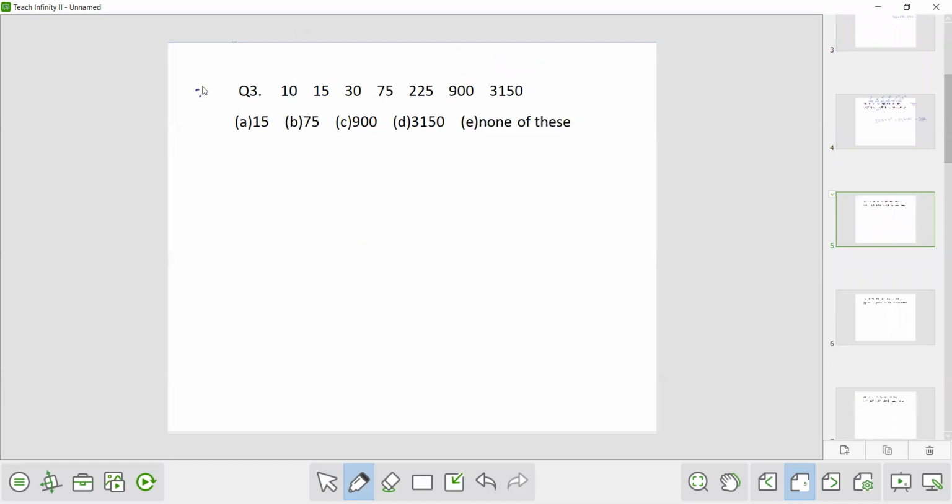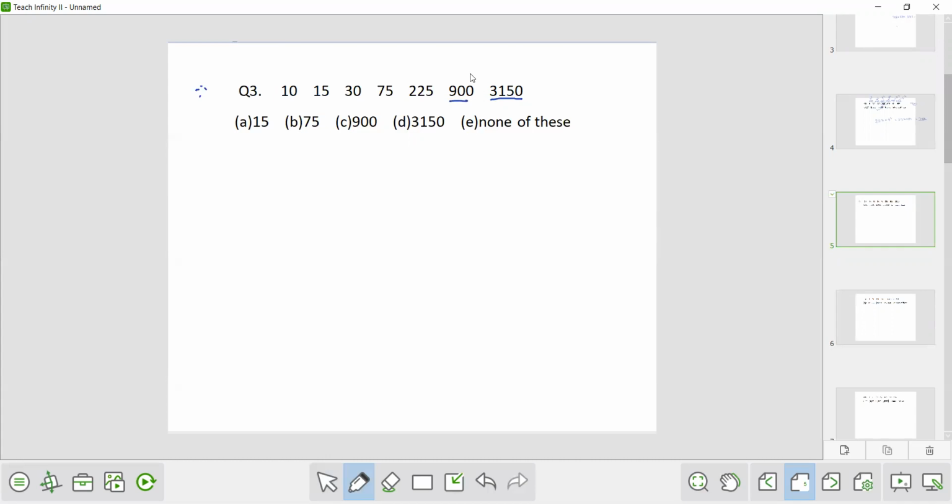Now look at another question: 10, 15, 30, 75, 225, 900, 3150. Again, in the entire question we will identify the slope. Once the slope is identified, then we will proceed accordingly. Here the largest number is 3150 and the number just smaller to this is 900.